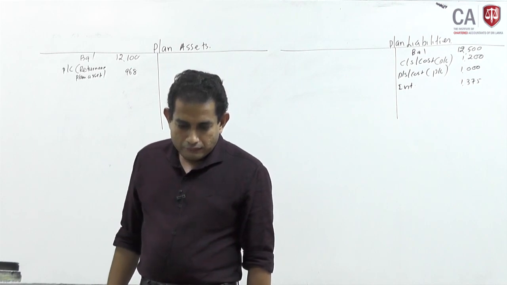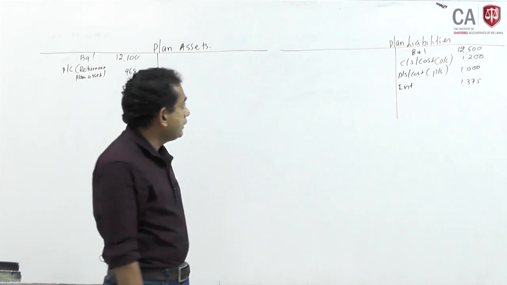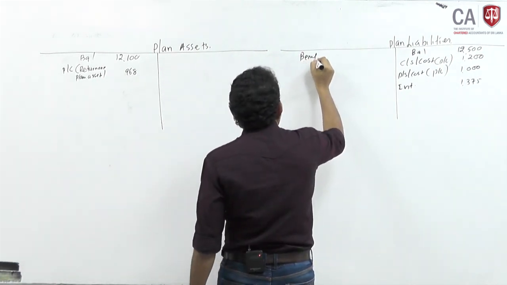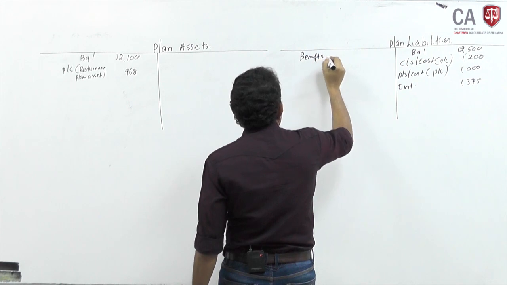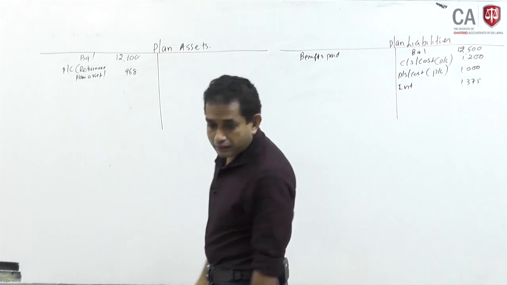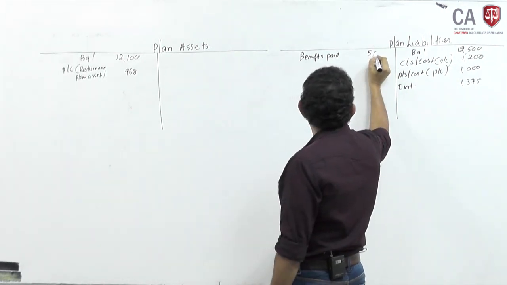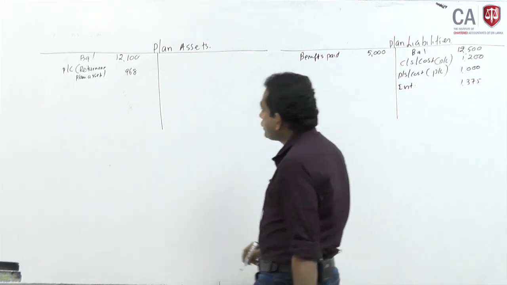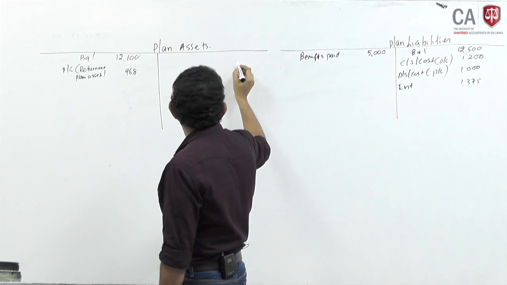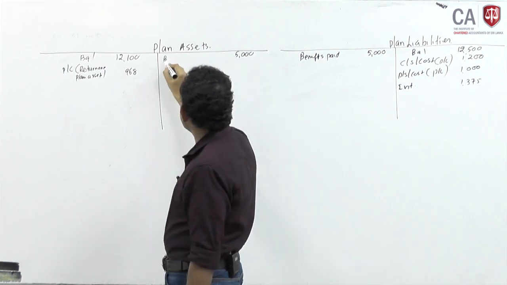During the year, rupees 5 million was paid as benefits to the members of the plan. Benefits paid. As you pay benefits, the liability value drops. How much has been the amount of benefits paid? 5 million, debited to plan liabilities. So should be plan assets. As you pay benefits, the plan assets value should come down.